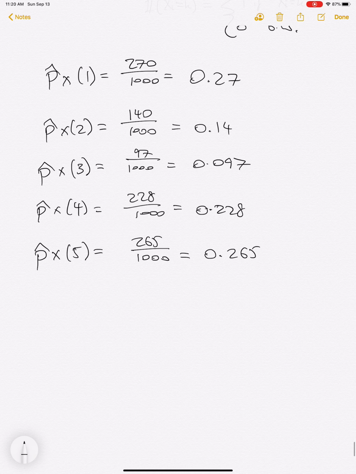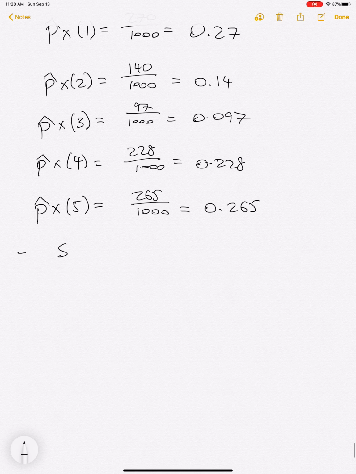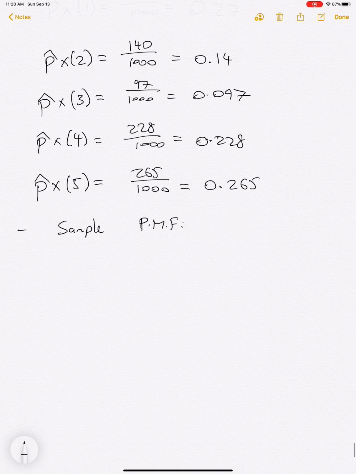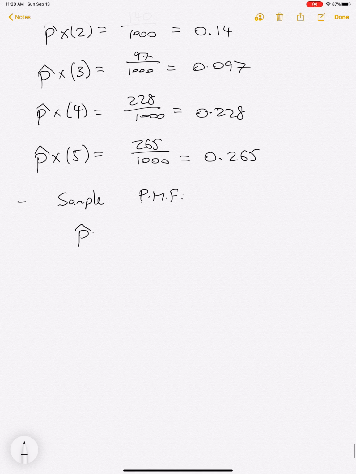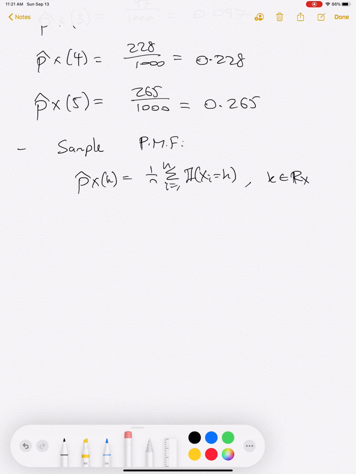Okay, and so in general, the sample PMF is just, and you can clearly see that, and this is something you do for all k in, sorry, this should be the range of x.